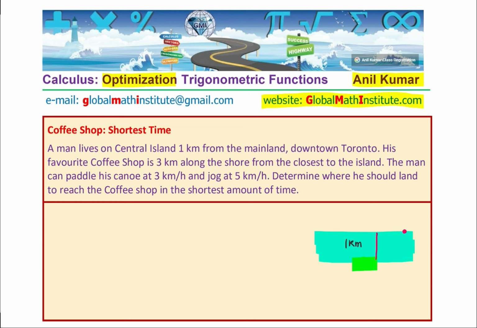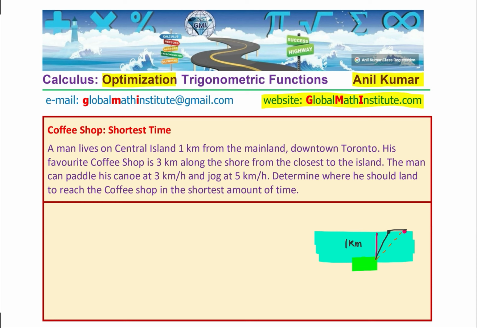So what can a person do? Well, he can canoe directly to the opposite end, then run or jog, or ideally he could follow a path midway, landing somewhere around this particular point and then jogging. You get the idea.